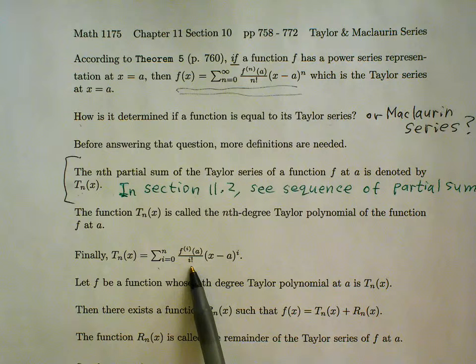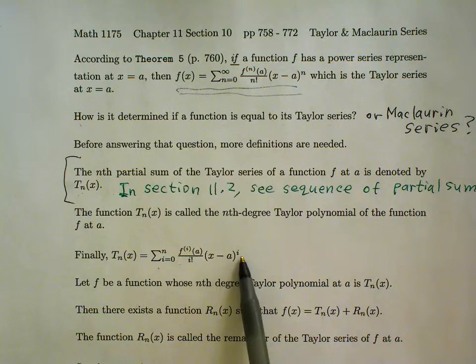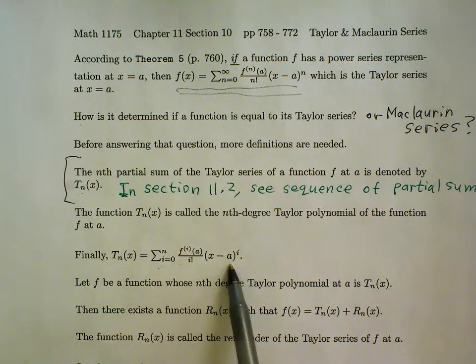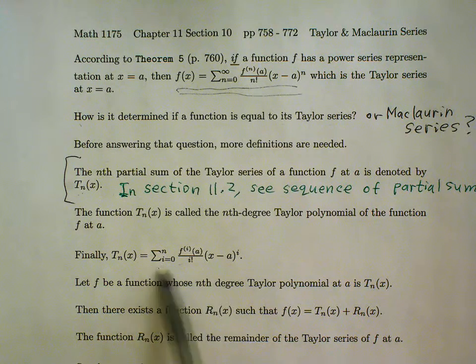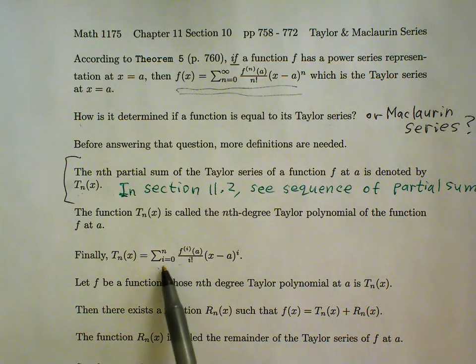And the terms are the ith derivative of f evaluated at a divided by i factorial times x minus a to the i. Note that the number of terms in the Taylor polynomial is a finite number. At most, there are n plus 1 terms.